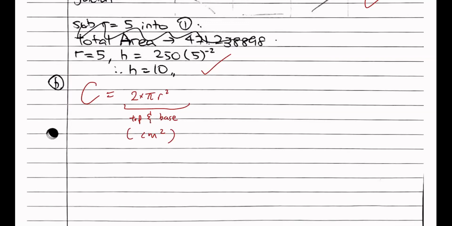But now if you want to get the cost, you have to multiply by the rate. 0.03, right? This is 0.03. So let's just put in the units: cents per cm square. What happens to cm square and cm square? Cancel away, right?